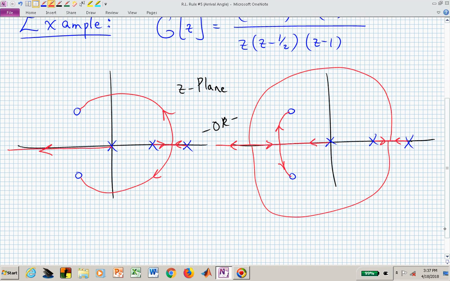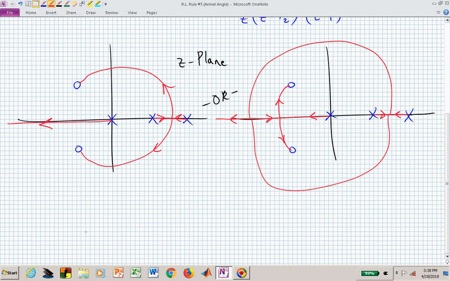And now which root locus pattern do we have?